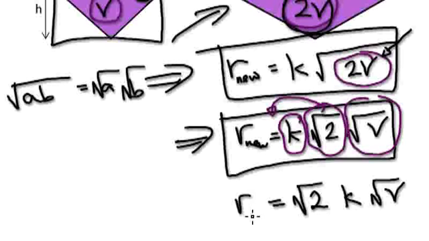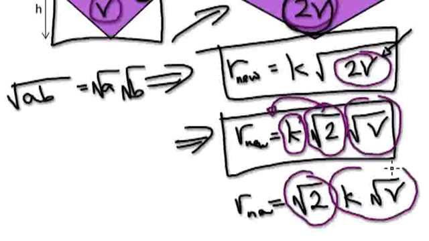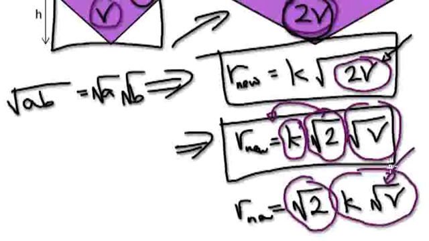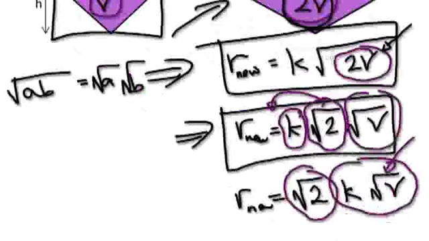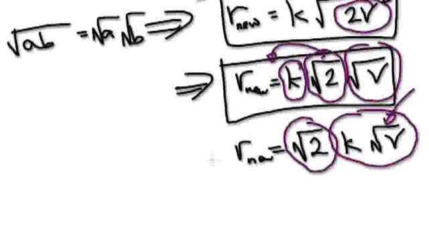Now you see our new radius is root 2 times k root v. This here is our old radius: our old radius is k root v. What we've done is express the new radius in terms of the old radius.